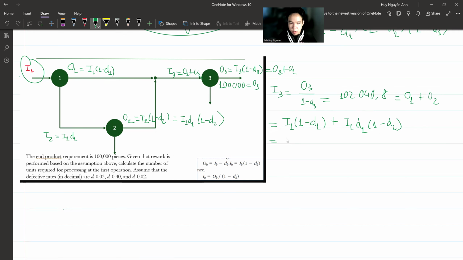So it is equal to I1 times, we have D1 already right here, 0.03, I1 times 0.03 times 1 minus 0.04. Okay, so here I'll write the equation again so that you can easily see it.